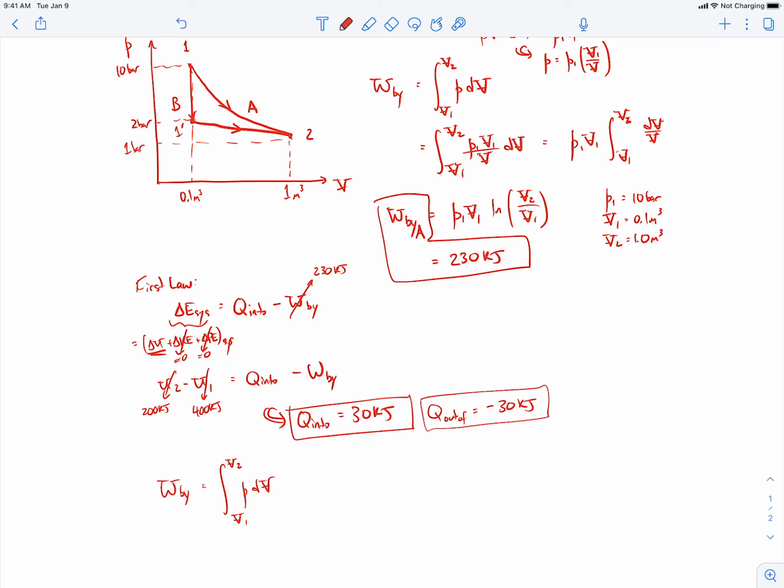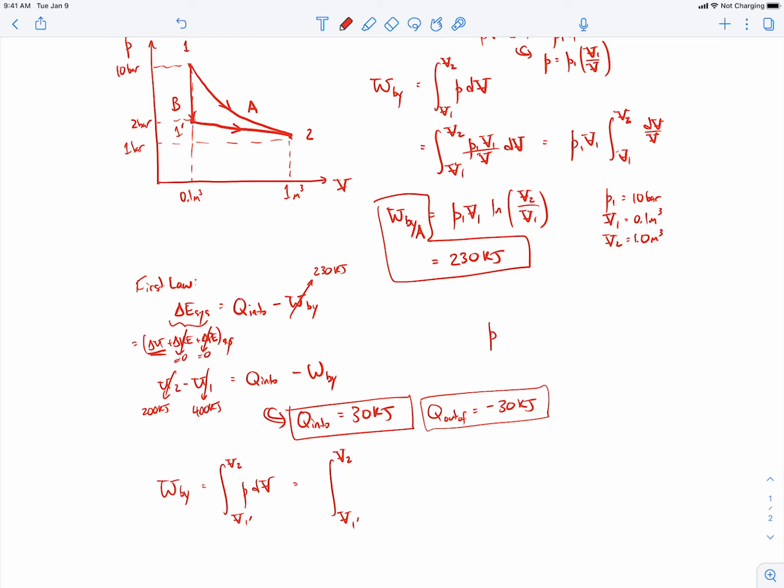So I'm going to change this from V1 to V1 prime to V2. And then I only need to worry about how the pressure varies from 1 prime to 2. We were told that this was linear in the problem statement, meaning that's the equation of a line. So the way the pressure varies, let me write that down off to the side here.